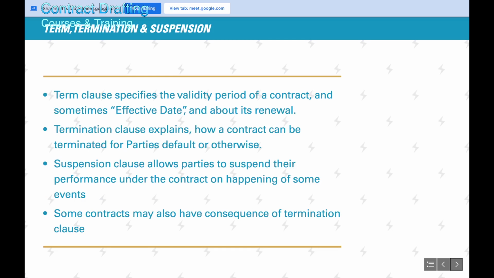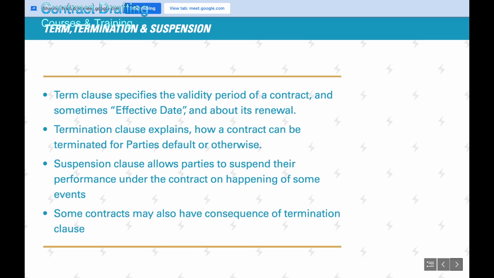Or let's say if there is a recurring service, like let's say somebody is providing you on a daily basis some service, and that service you want to take only for a limited period because you expect that a competitive offer may come. So you may want to limit those services with an option to terminate the contract at easy terms, like just by giving a 30 days advance written notice.